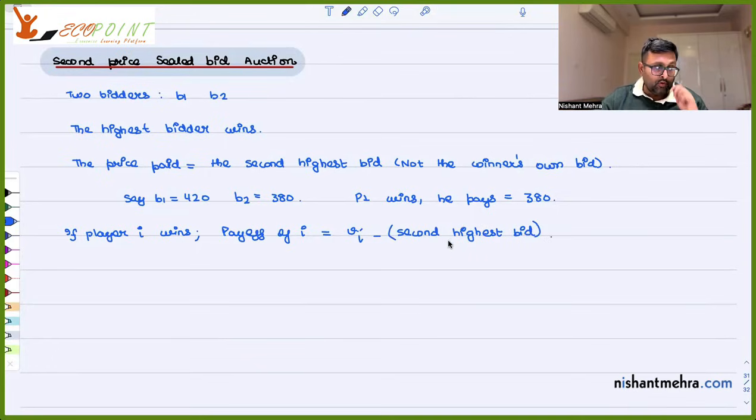You can just write it like this, it's easy. And if player I loses, right, then the payoff is zero. Payoff of individual I is zero.